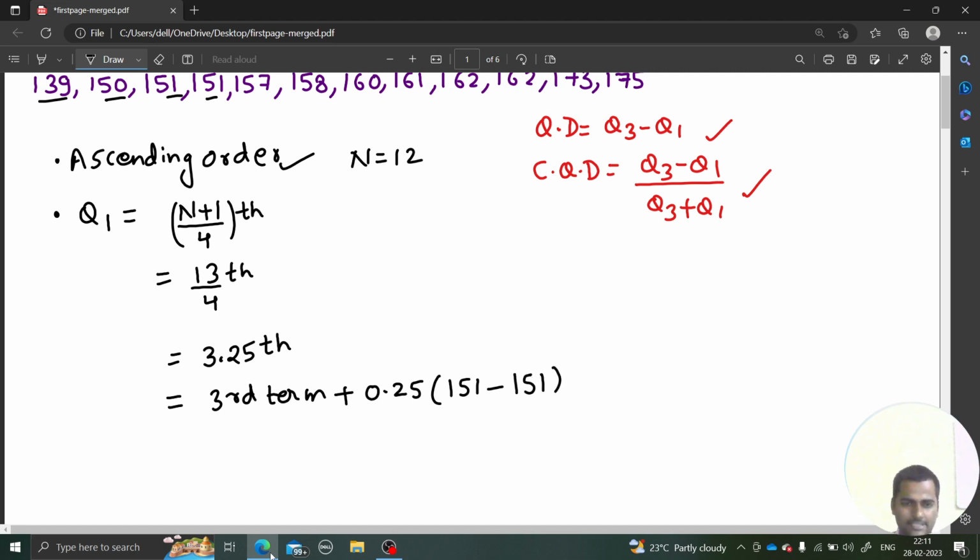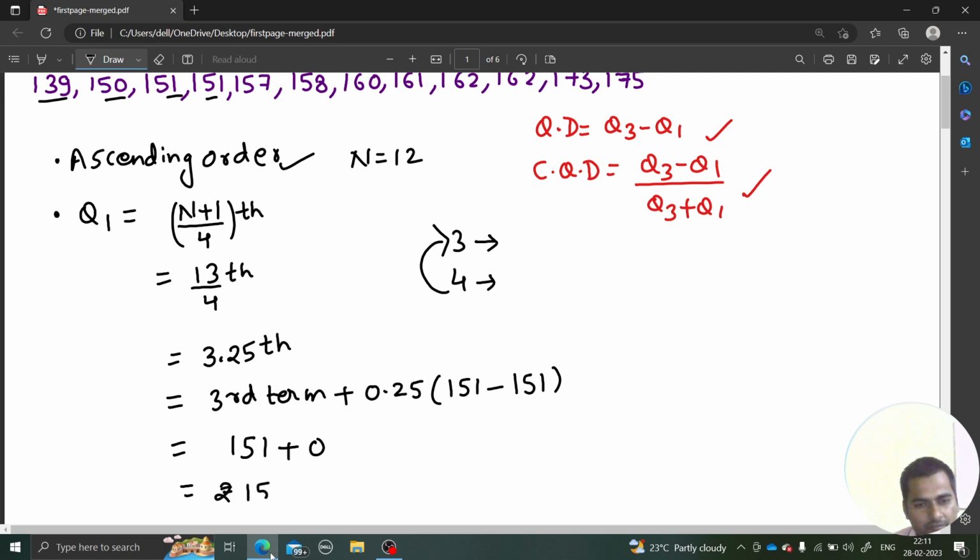So if 3.25 comes, you focus on the third and fourth: fourth minus third, in brackets, multiplied by the decimal portion, 0.25. The third term is 151 plus 0, so you get 151 rupees. So you got the value of Q1.